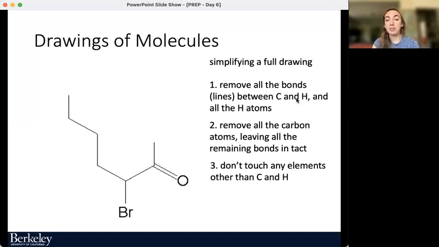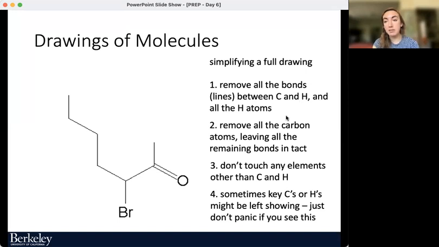I just want to show you that sometimes if people want to emphasize a certain group, they might, like in this case, still draw out those CH3s. That's not a rule that you always leave the CH3s in. You just might see some people do it sometimes.